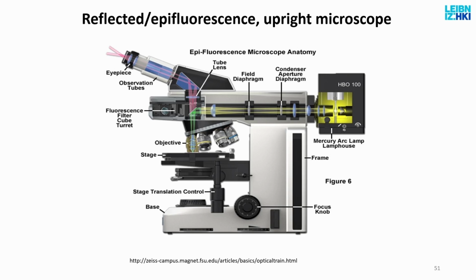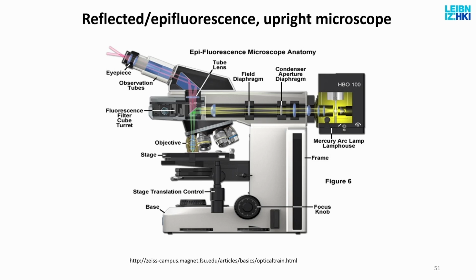You can, in this case, for example, use a fluorescent light source like an arc lamp or a laser, illuminate through the microscope, and here you need a mirror because you want the light to go down through the objective lens and illuminate the sample. But then when you generate, let's say, a fluorescence signal, that light will come back to the same objective lens.